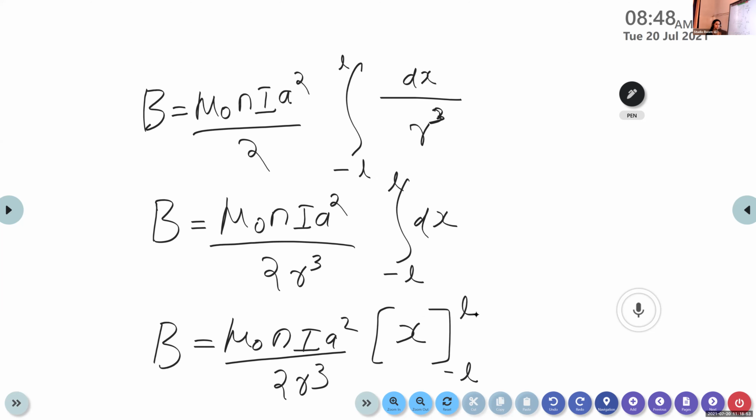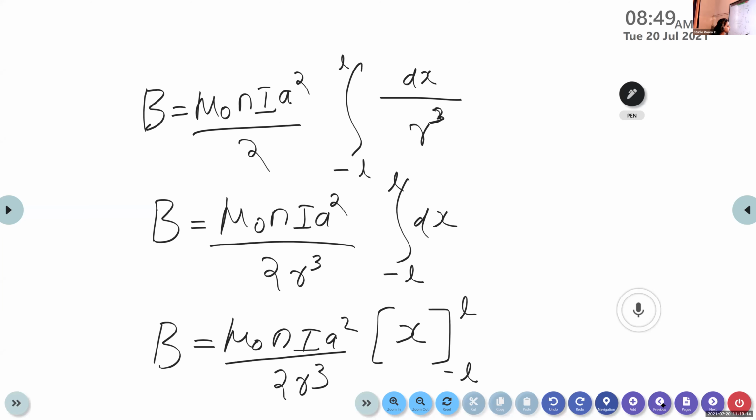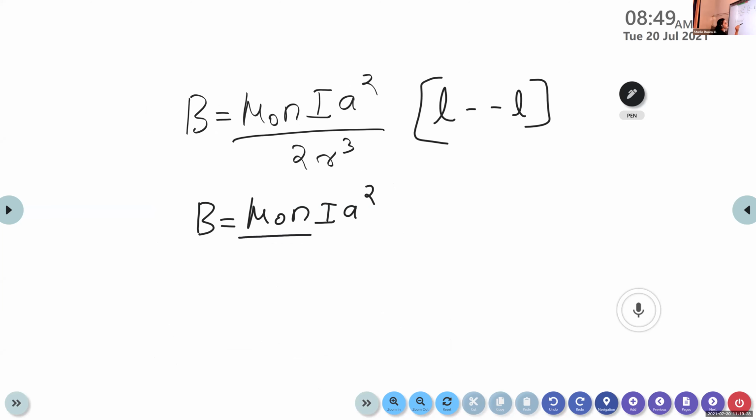Okay, B is equal to mu 0 n I a square divided by 2r cube into x from minus L to plus L. Apply the upper limit first, that is L minus minus L. Here we have B is equal to mu 0 n I a square divided by 2r cube into L minus minus L. That is L plus L. What is L plus L? 2L.